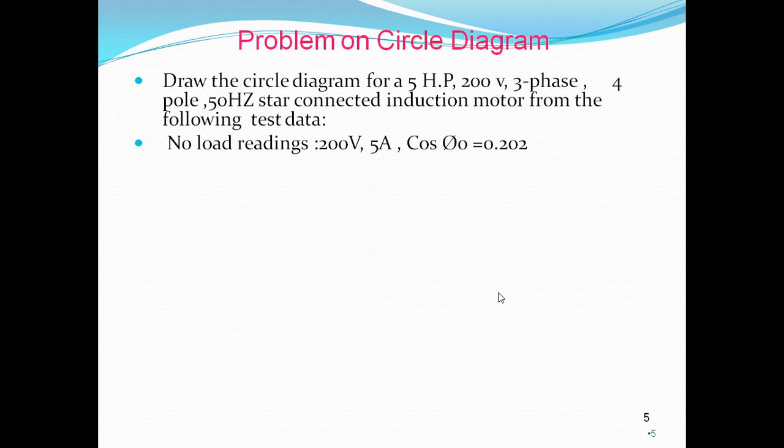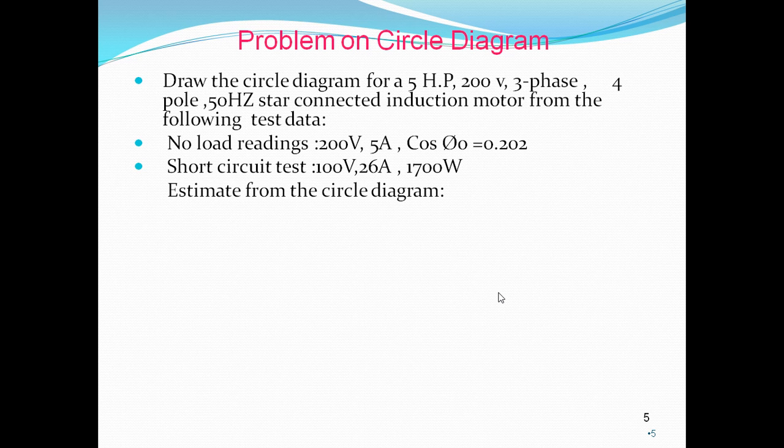So what is given? He has given no load test and blocked rotor test. No load test readings are 200 volts, 5 amps, and power factor cos phi as 0.202, and short circuit test as 100 volts, 26 amps, and 1700 watts.